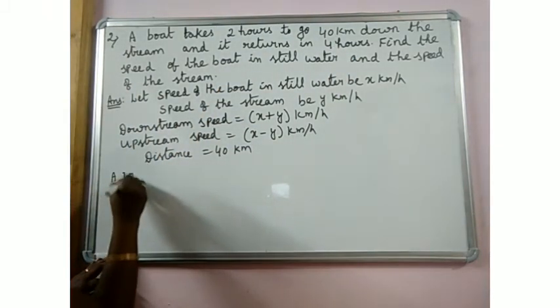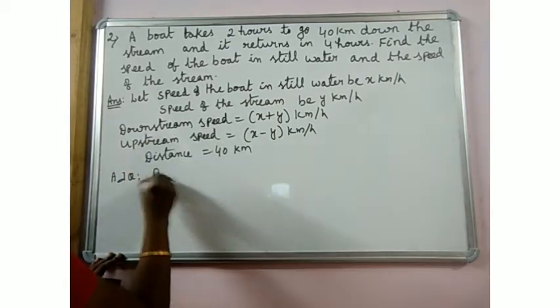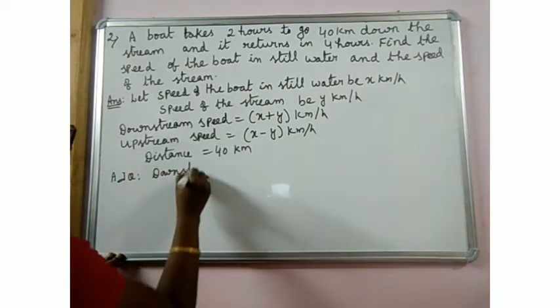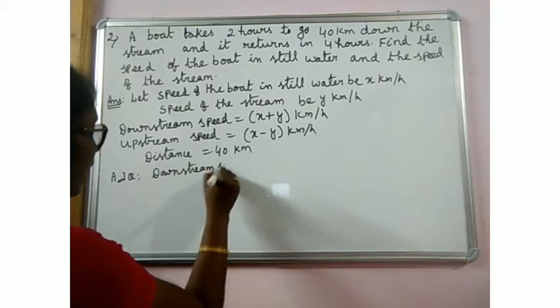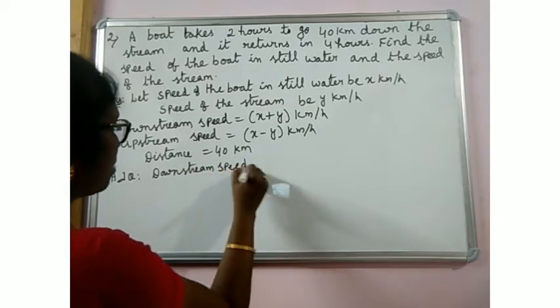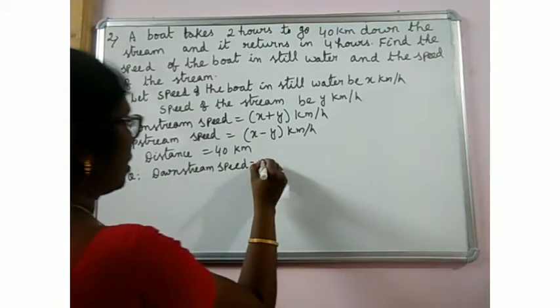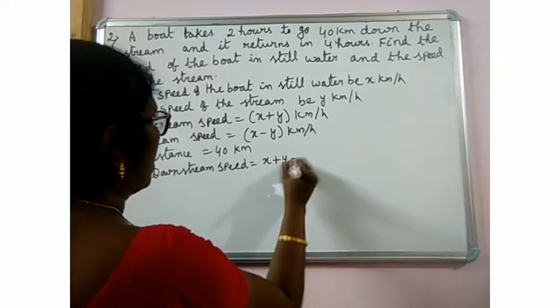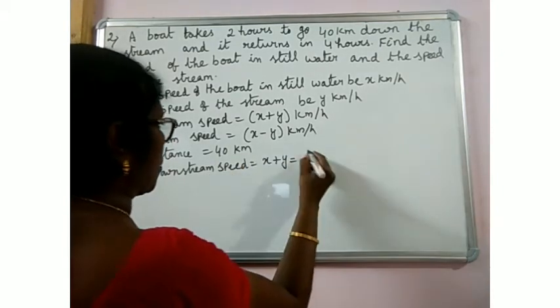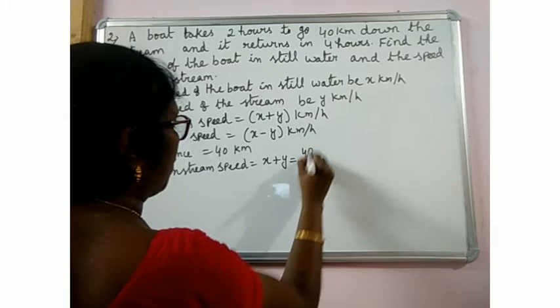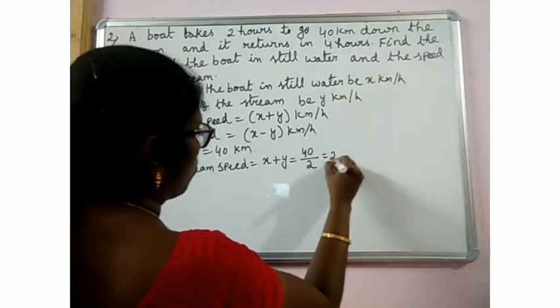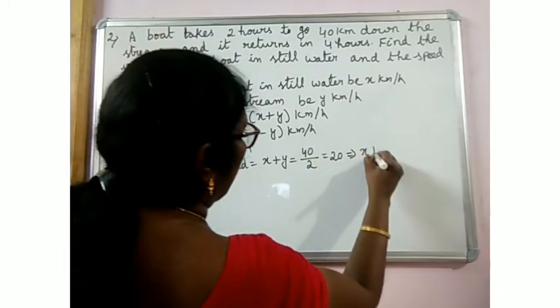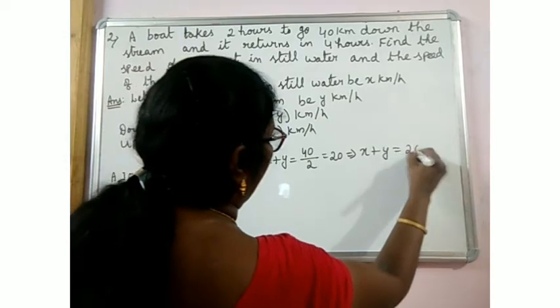So according to question, downstream speed equal to, for better understanding again I am writing, downstream speed equal to x plus y, that equal to, you know that speed equal to distance by time, 40 by time is 2, 20. That means x plus y is 20.